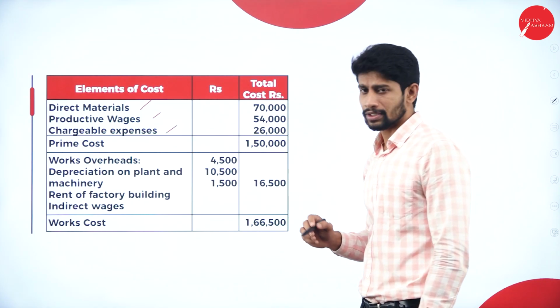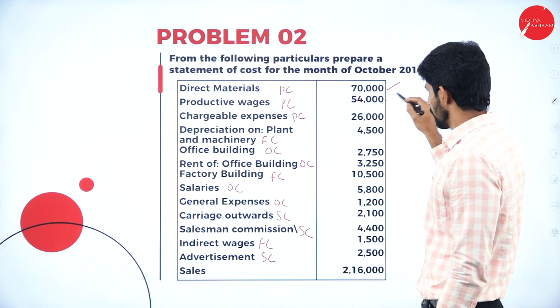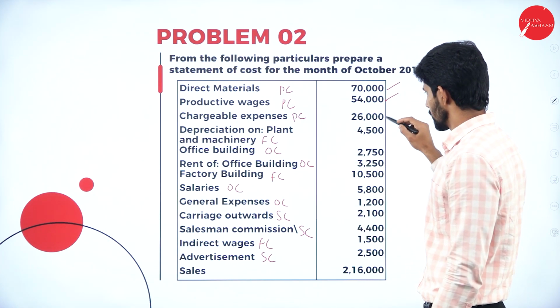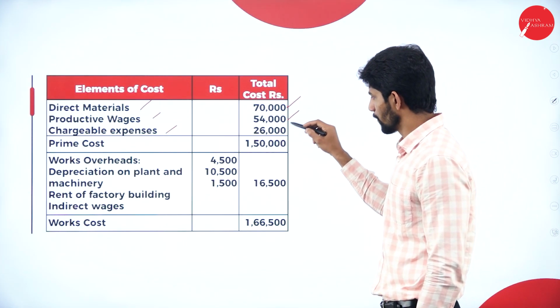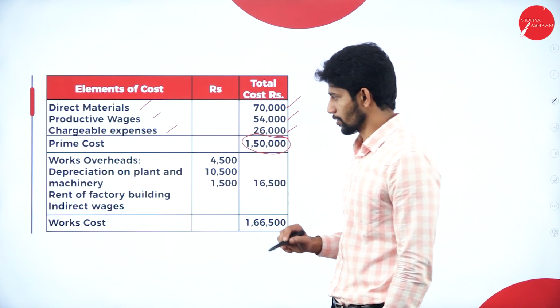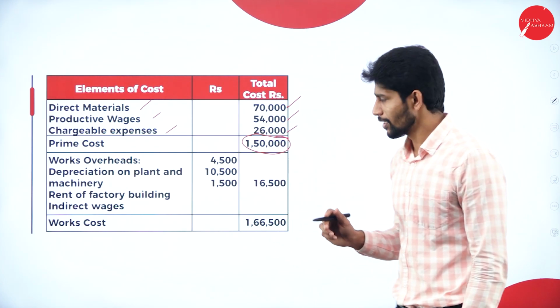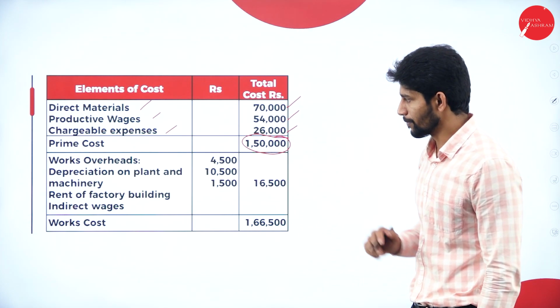In the problem, direct material is 70, productive wages 54, and chargeable expenses 26. Write down those 3 items. The total you get is rupees 1,50,000. That 1,50,000 is called prime cost.